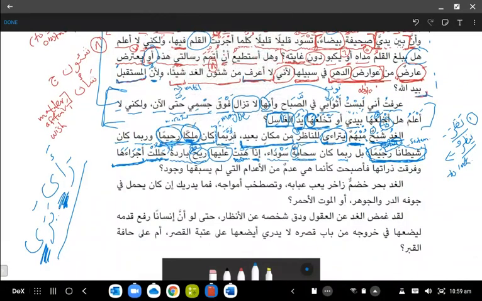So حللت أجزاءها. Okay, so he's saying here, you have a black cloud or dark cloud. However, when the cold wind blows over it, حلل, it breaks down its parts.